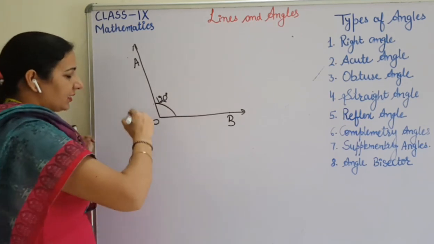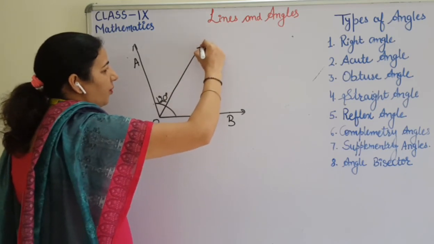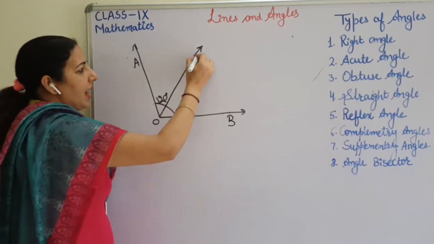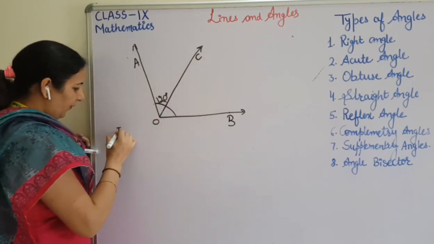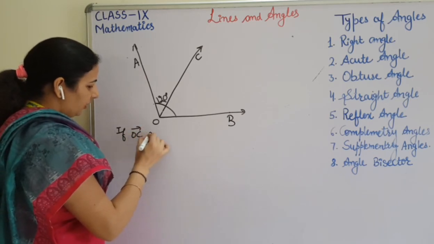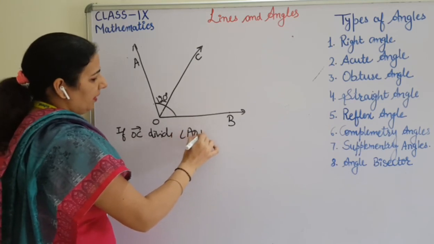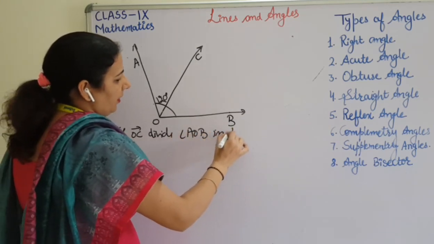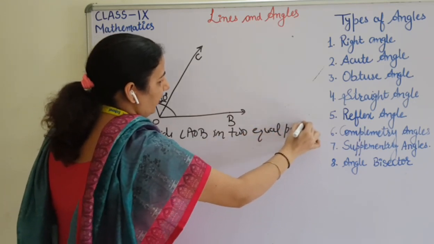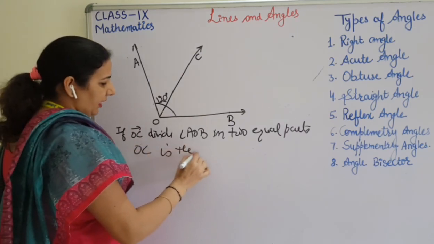Now the next ray passes through this point and divides the angle into two equal parts. If OC is a ray, and if OC divides angle AOB into two equal parts, then we can say that OC is the angle bisector.